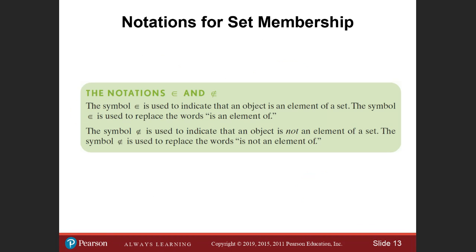So next would be the membership, which we already use the symbol for an element of a set. This is the element of a set, and the other one is not an element of a set. Those are the two symbols that we need to use for set membership.